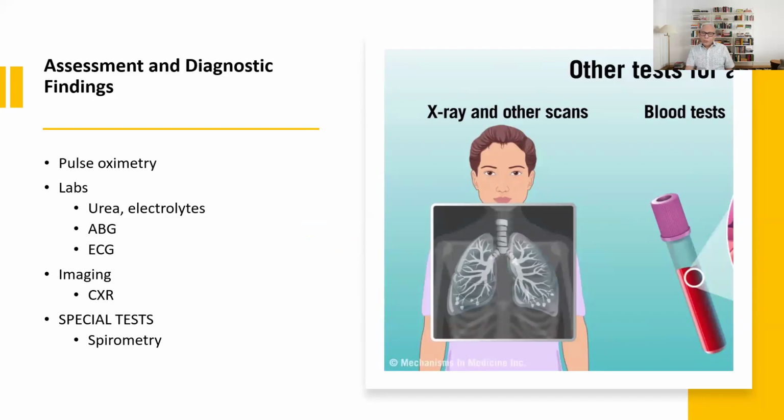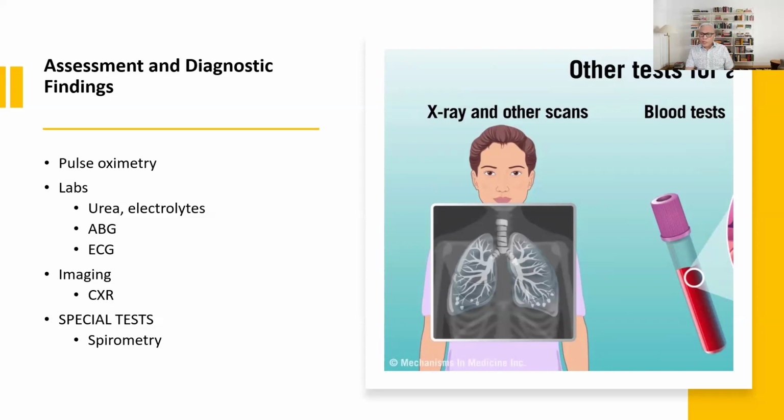All right, other measures to diagnose asthma include pulse oximetry, which can be useful in assessing the severity of an asthmatic attack or monitoring for deterioration. And of course, we could also have laboratory values that would help us in diagnosing the presence of asthma.